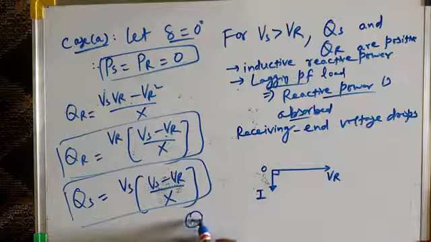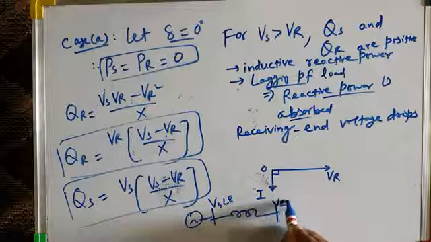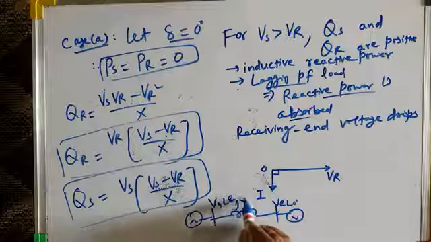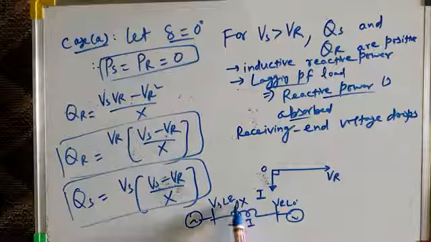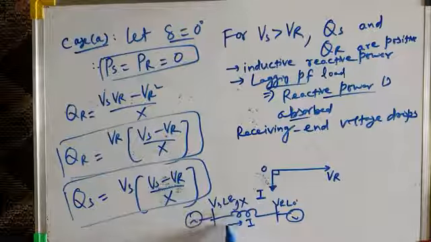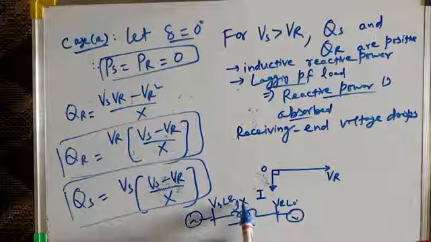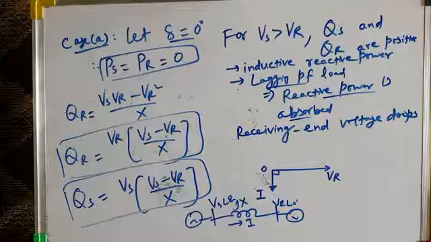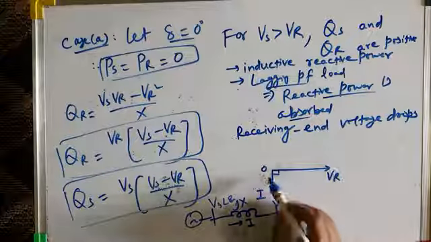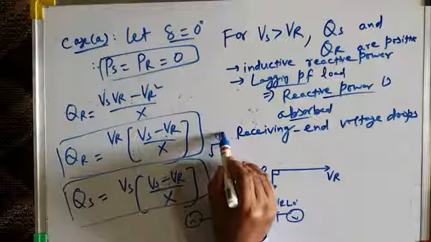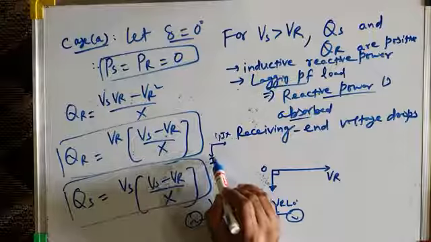And from the two machine model, this is sending end voltage and this is receiving end voltage, and reactance is X. From this, what will be the voltage drop? If this is the receiving end voltage and there is current I, which is the reactive current flowing through the transmission line, this current I will result in I into X voltage drop, and the I into X voltage drop will be at 90 degrees with respect to I. So Ix will be like this, because in an inductive circuit current lags behind the voltage.